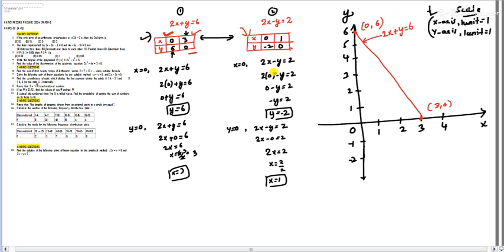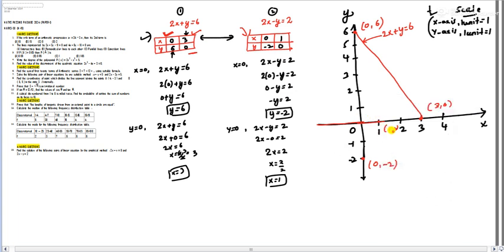Now come to the second table. When x is 0, y is minus 2. So x is 0 on this line and y is minus 2. It will come here, (0, minus 2). Okay, this point. Now x is 1, y is 0. So again x is here 1 and y is 0 there itself.